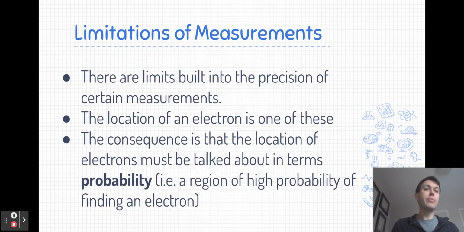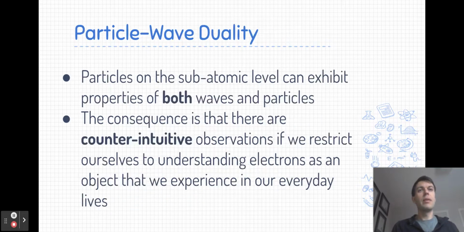So the term that we'll be using is regions of high probability of finding an electron, or the location most likely to find an electron there. So some of the language changes, and the reason for that is due to some theoretical advances in the early 20th century that put some limits on how precise we could be with certain measurements.